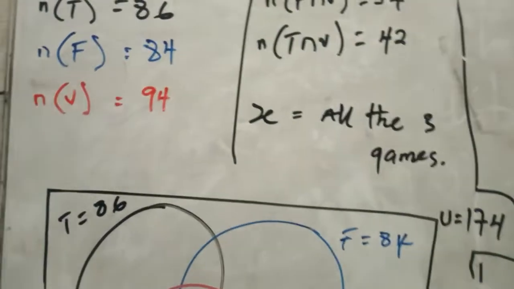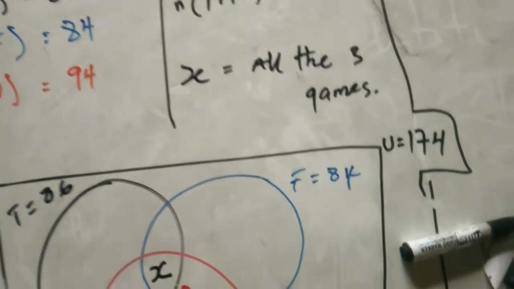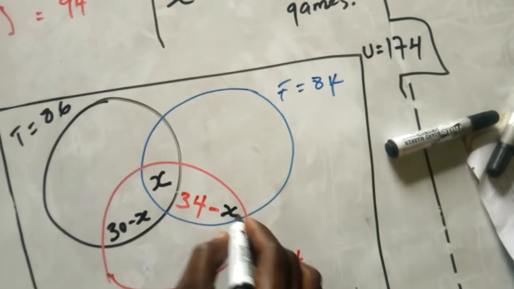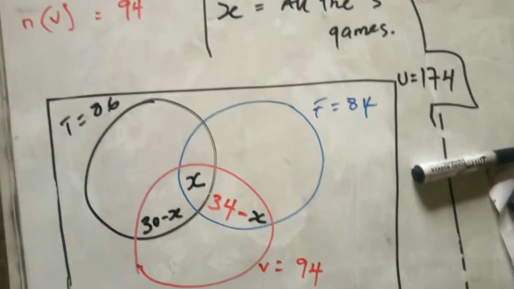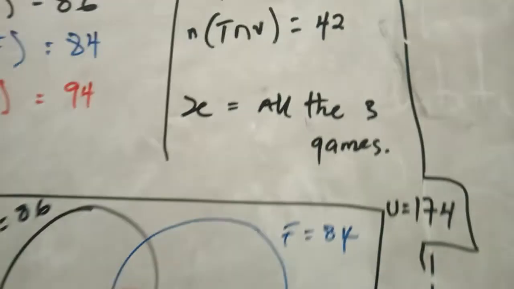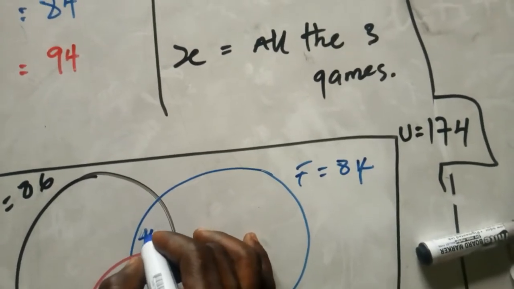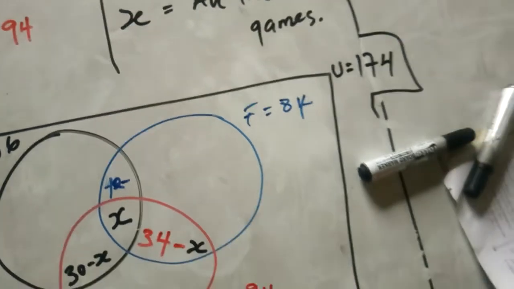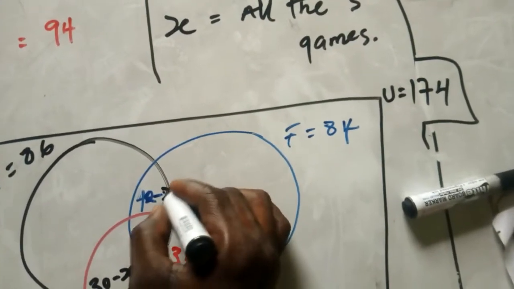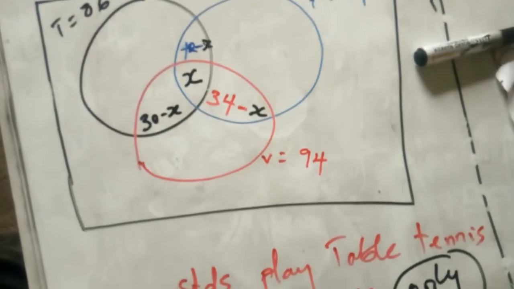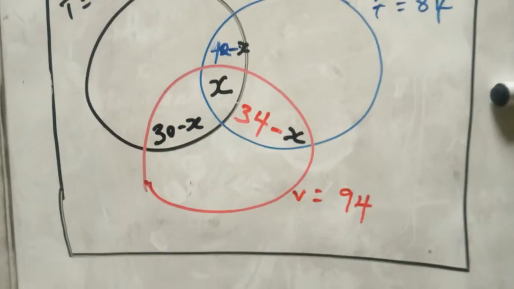Sorry, football, that should be 34, right? 34 minus x. And then this portion will be what? 42, right? 42 minus x. So 42 minus x, and then 30 minus x.